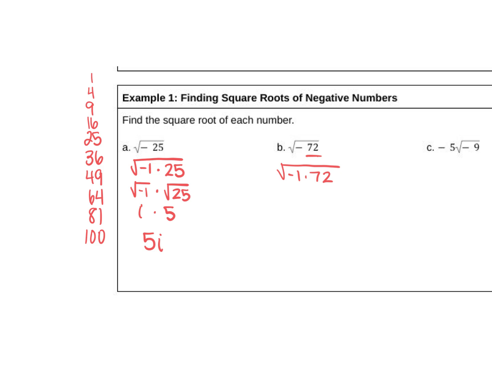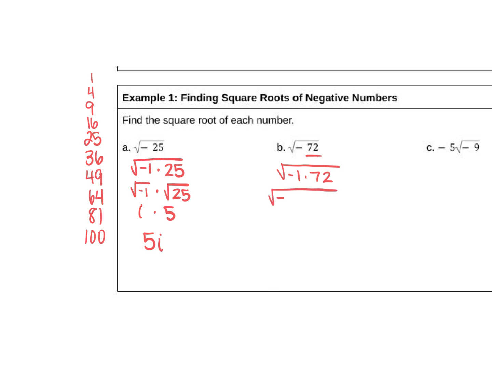She knows it. Emerson, you got it? 36? Yeah, very good. 36, what do you get when you divide it? Was it 2 or something? It was 2? Okay.